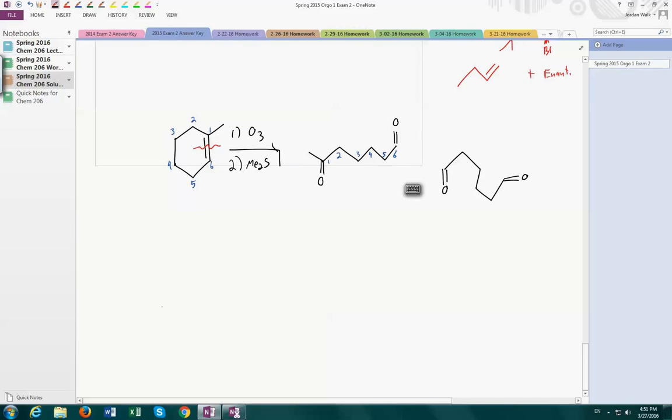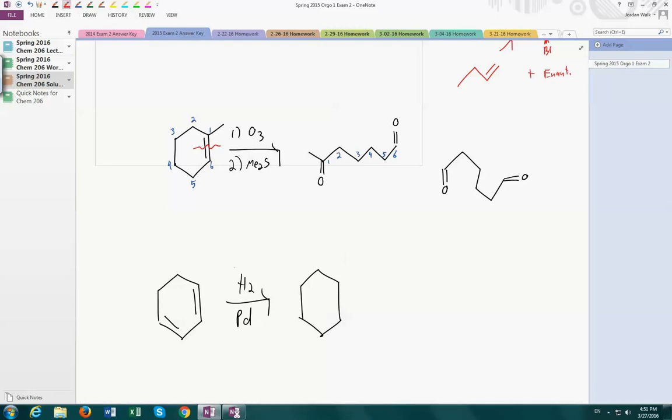If there are two double bonds, say cyclohexadiene, and we react that with H2 and palladium, you're just going to end up with your cycloalkane. You reduce both. I know there was a sample problem that said there would be excess H2, which meant there was more than enough H2 to reduce both double bonds.